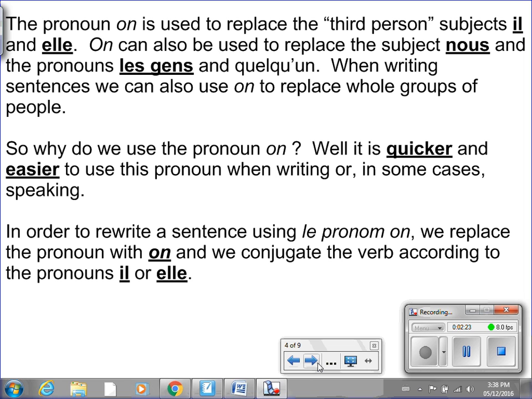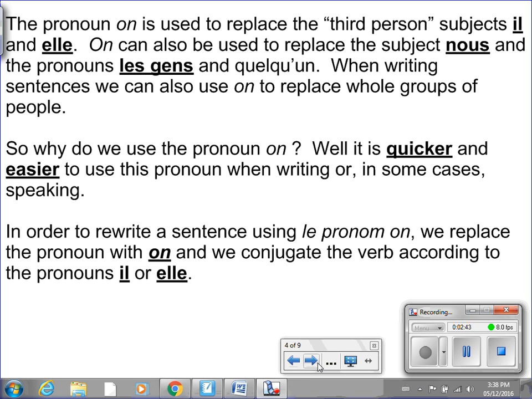When writing sentences, we can also use on to replace whole groups of people. So why do we use the pronoun on? Well, it is quicker and easier to use this pronoun when writing or, in some cases, speaking.